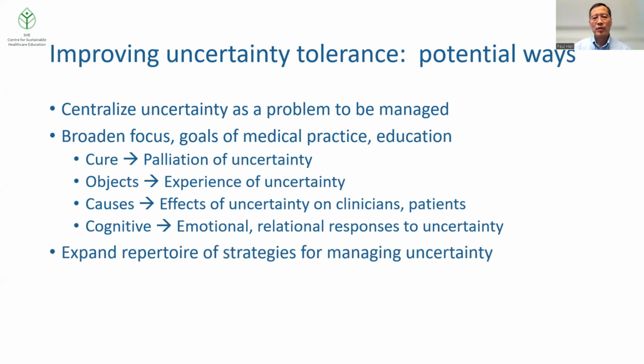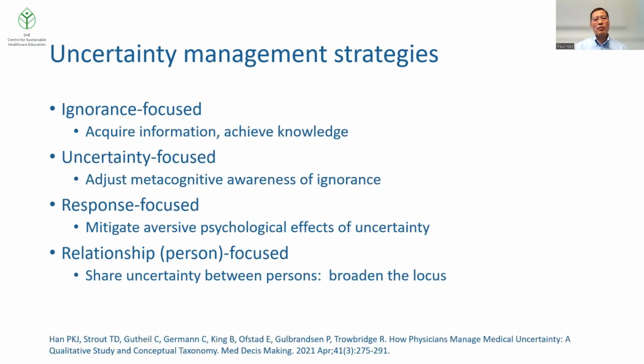And then finally, we could try to expand the repertoire of strategies that clinicians use to manage uncertainty. So instead of reaching for that test and trying to reduce ignorance, are there other things that we could do that are more palliative in nature? And what I want to briefly touch on is what those strategies might be.